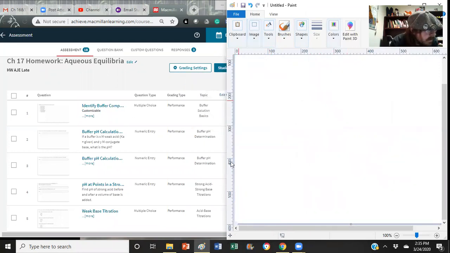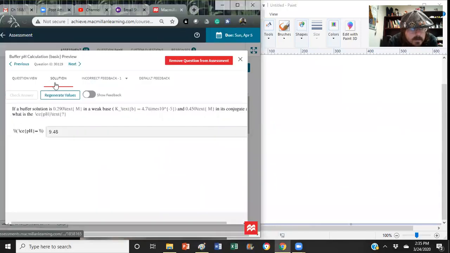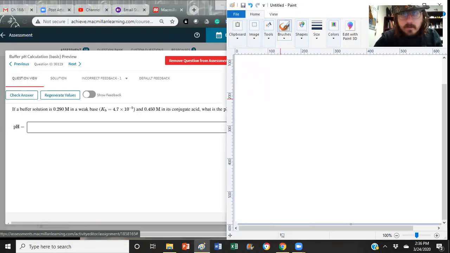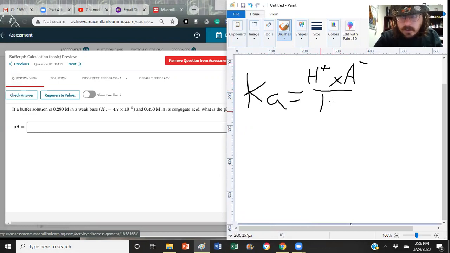So looking at problem number 3, buffer. A buffer is essentially what happens when you have both a weak acid and its conjugate base in solution. Typically, when we had our Ka expression, Ka was equal to H plus times A minus over HA.